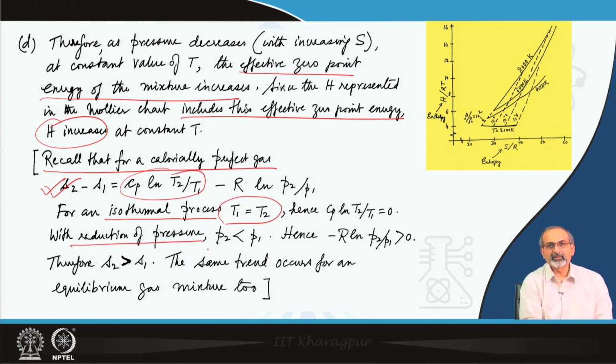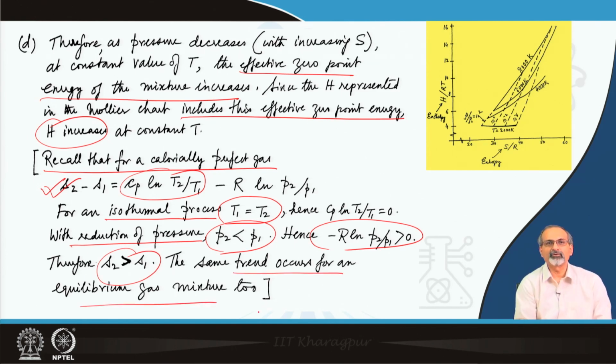You are further reducing the pressure because you are going to lower densities, and under isothermal condition that means lower pressures, which means that minus R log P2 by P1 will give you a positive contribution, which means entropy is increasing. This is exactly the trend which is seen over here, and therefore, in the case of an equilibrium gas mixture also, what happens for a single species considering a calorically perfect gas in principle extends in this case too.